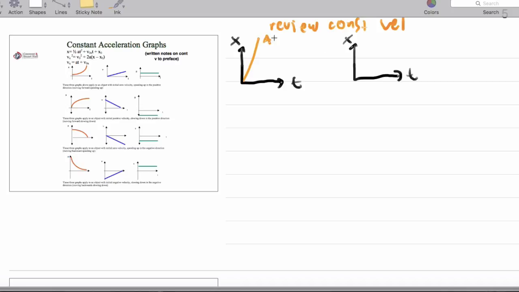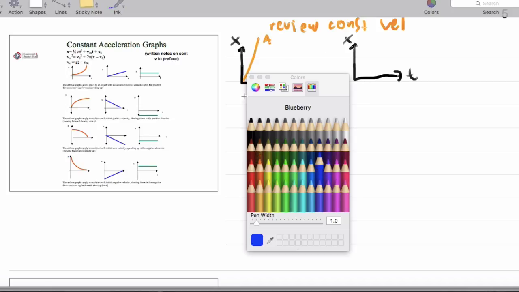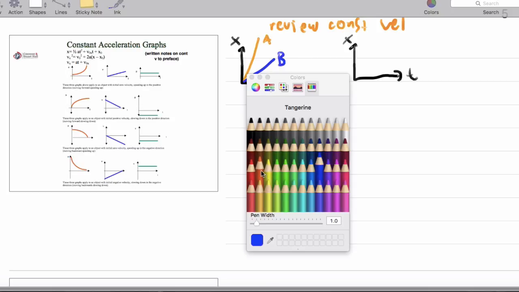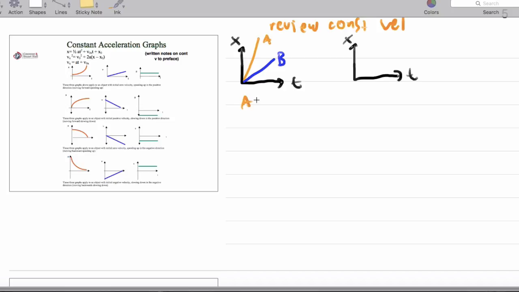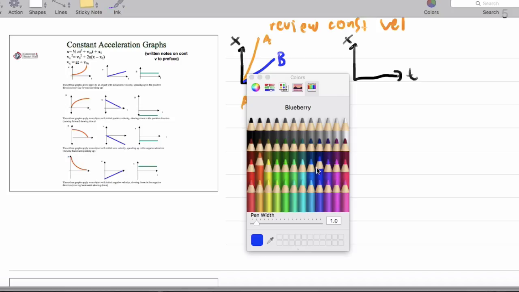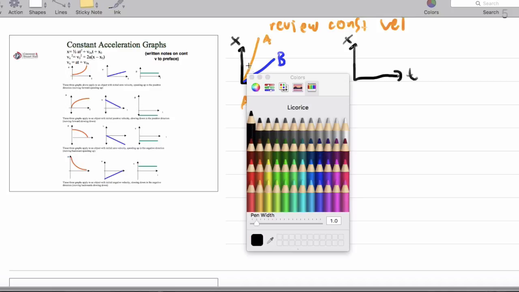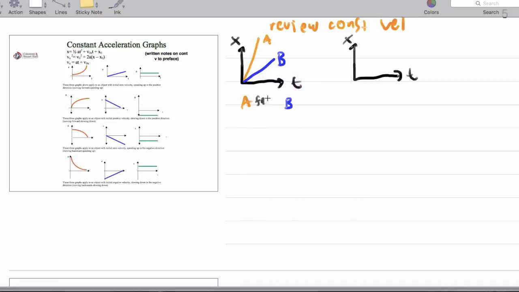First, if this is graph A and this is graph B, what we concluded is that A is faster than B, and we know that object A is faster than B because the slope of the graph is steeper. This is at constant velocity.